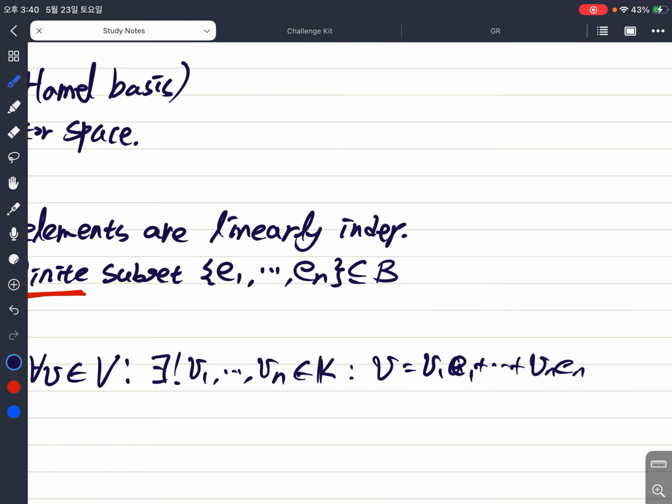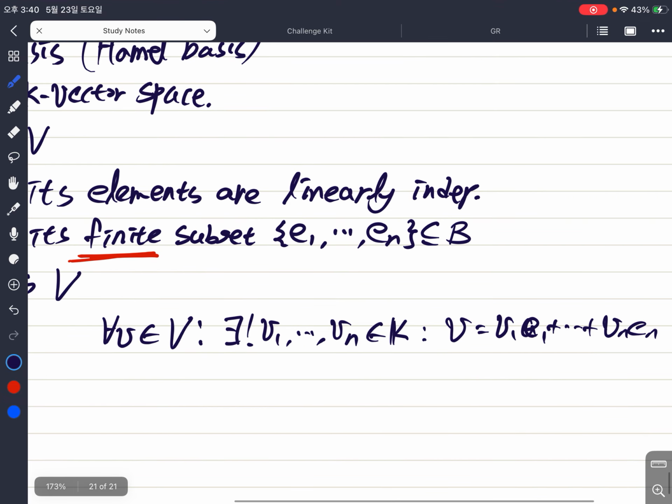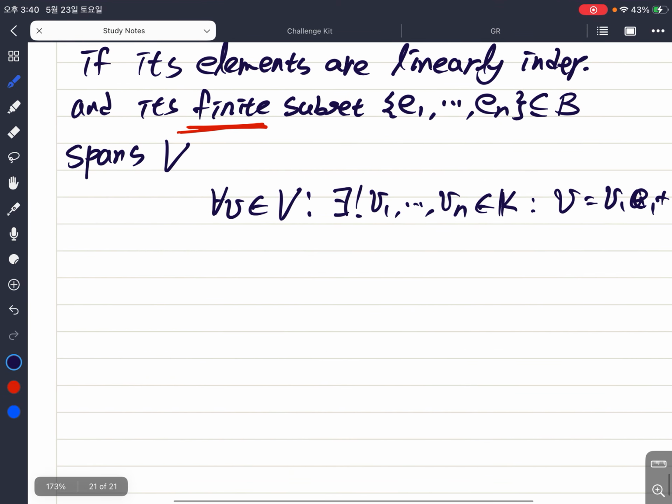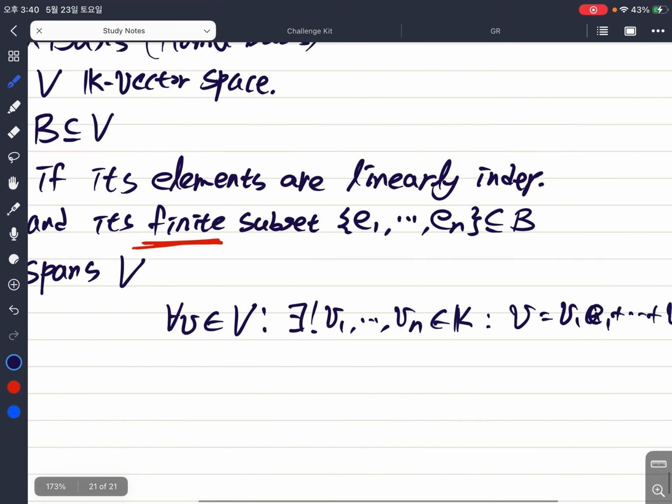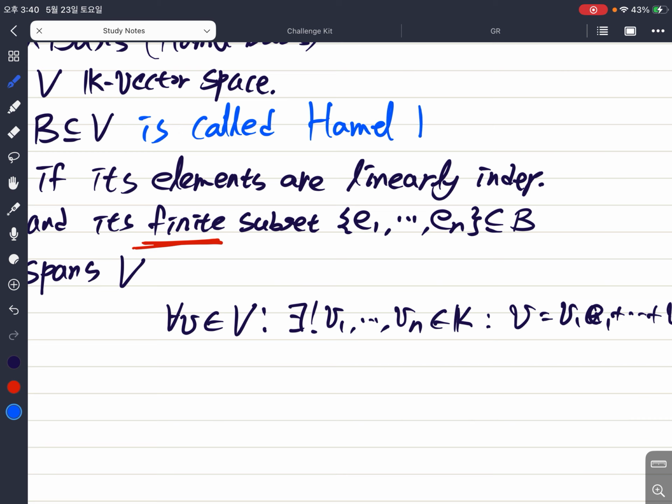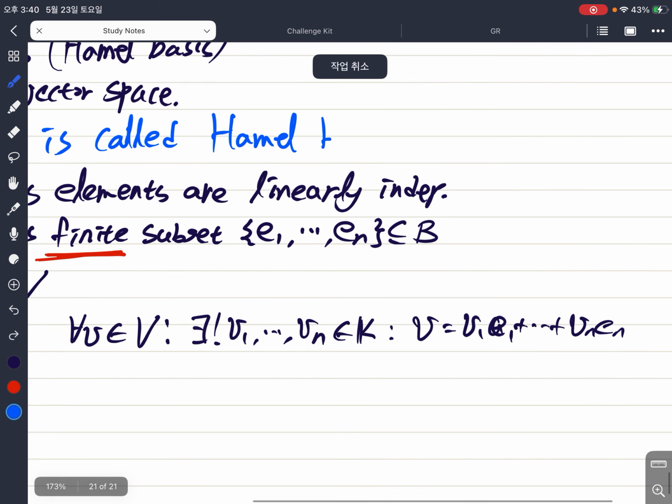So you can uniquely find these numbers. This is called a Hamel basis, or algebraic basis.